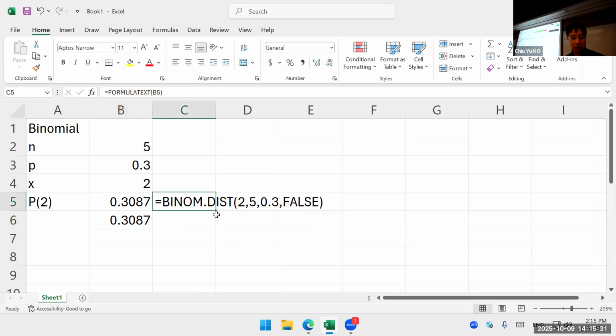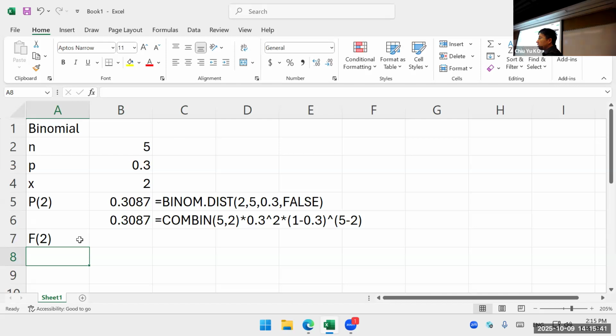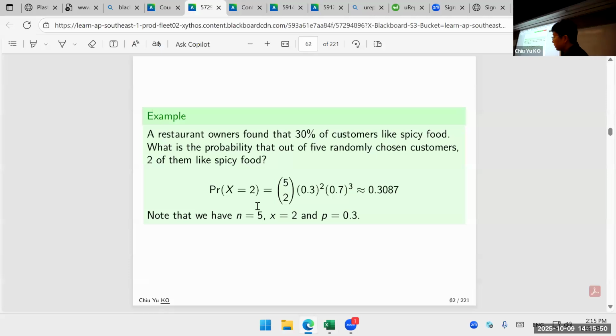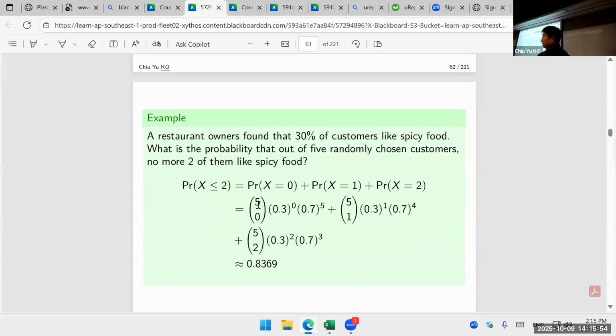So this is the P. And what's F? F of 2 is just P0 plus P1 plus P2. Why do we ask for F of 2? Remember the question: this is exactly 2, but he also wants to know no more than 2.